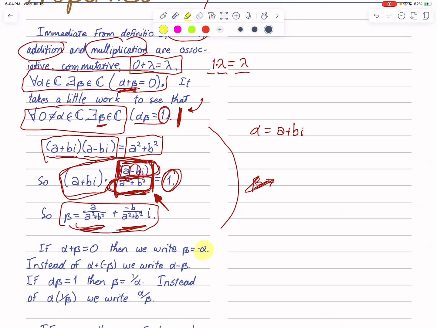And we could write alpha plus negative beta, or really we could write gamma, any arbitrary other number, plus negative beta. That would be gamma plus the additive inverse of beta. That's what that means, but we usually use the more familiar and simpler notation of gamma minus beta. They just mean the same thing.